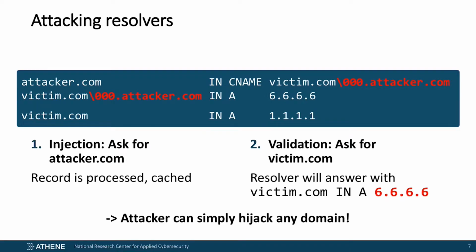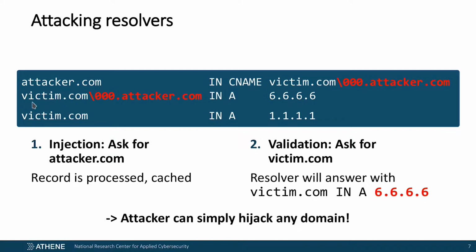He points this domain to a subdomain of his domain, which is victim.com, then a 0 byte, and then .attacker.com. This makes the domain a subdomain of attacker.com. But since he puts a 0 byte after victim.com, if the resolver isn't handling the records correctly, it will interpret the domain as just being victim.com.